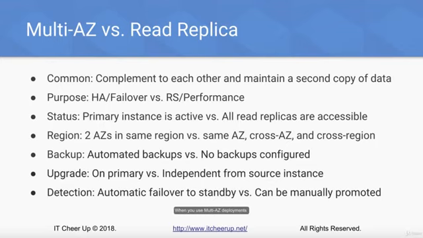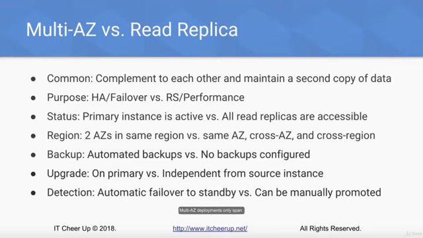When you use multi-AZ deployments, only the database engine on the primary instance is active. But with read replicas, all read replicas are accessible and can be used for read scaling.